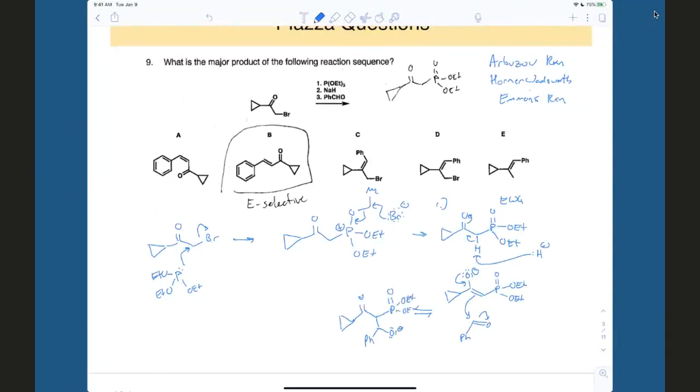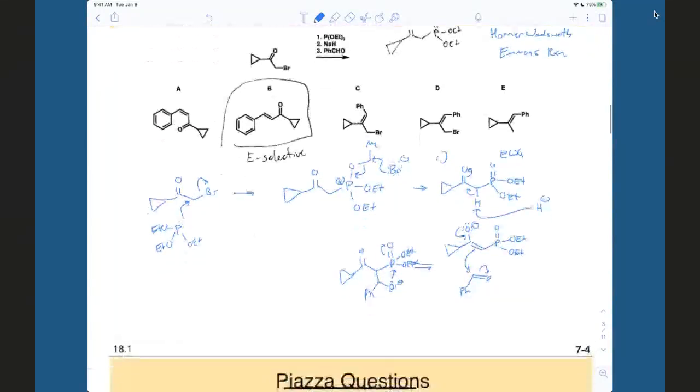And this phosphorus still wants more oxygen bonds. Bond looks weak. We can imagine adding in. I'm running out of space. I'm going to move this up.